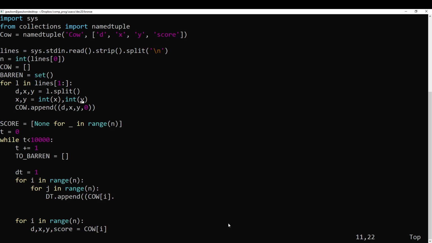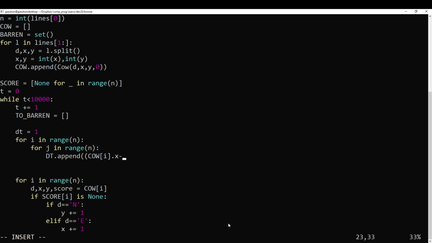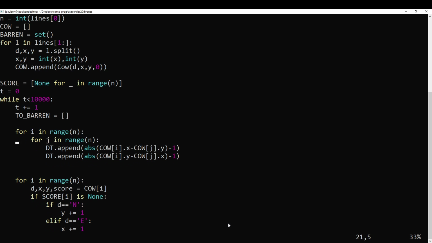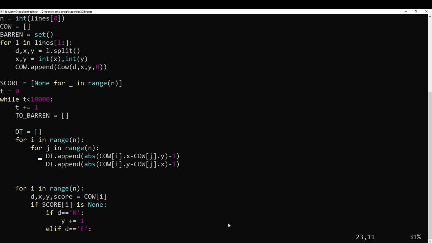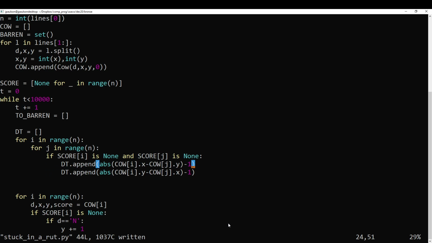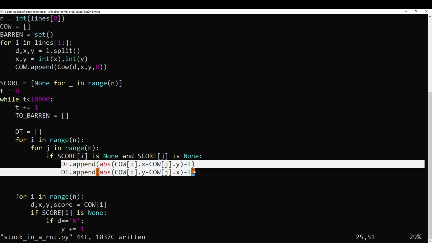It would be nicer to do this. So the point is that you can jump time forward a lot as long as there's no intersections coming up.